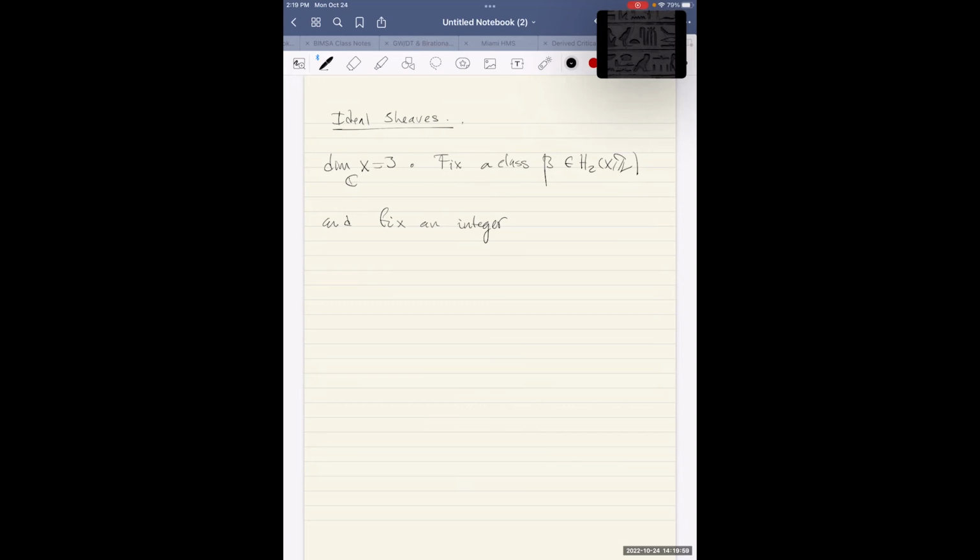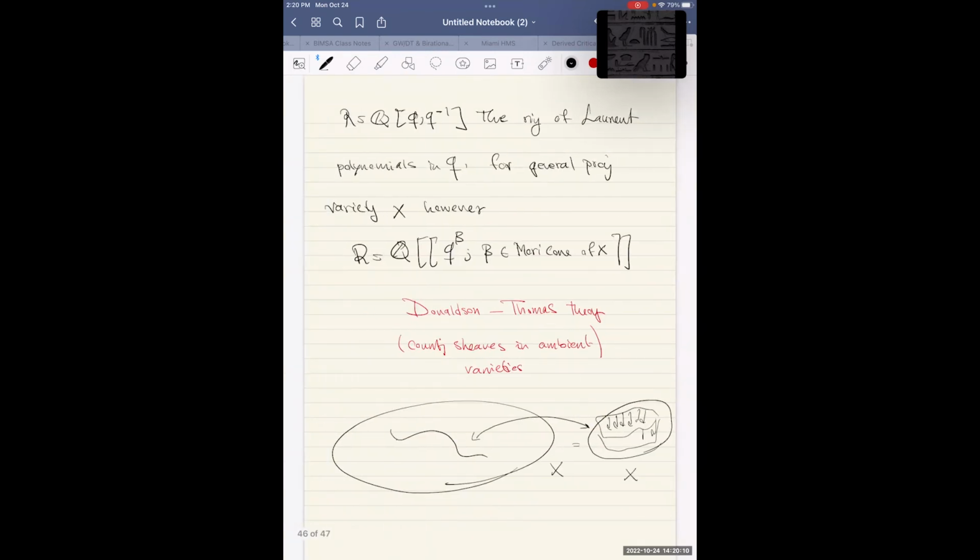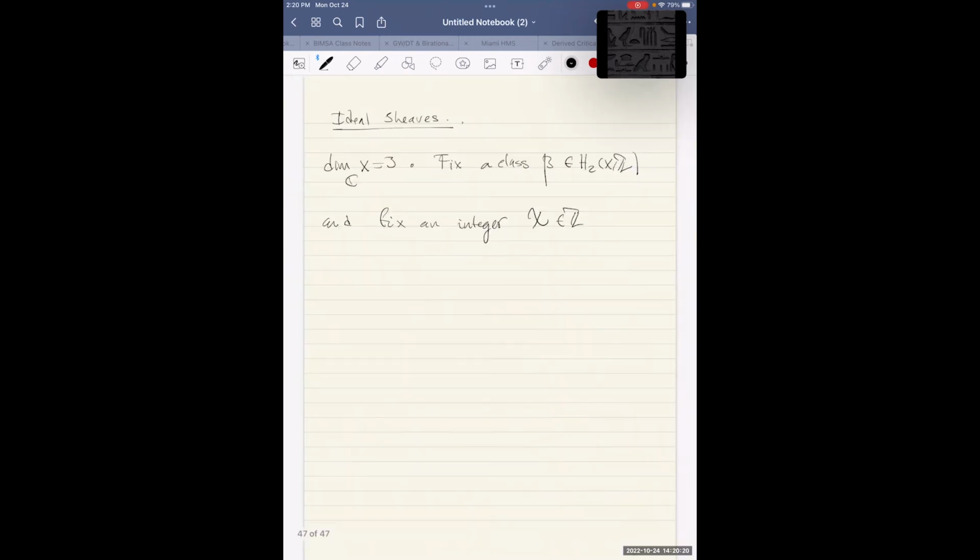Let's call that integer chi, and it is an element of Z. Okay. With this information, I would like to construct a space that parameterizes curves inside X, with also the possibility of deforming in X. Okay, so here's a definition.